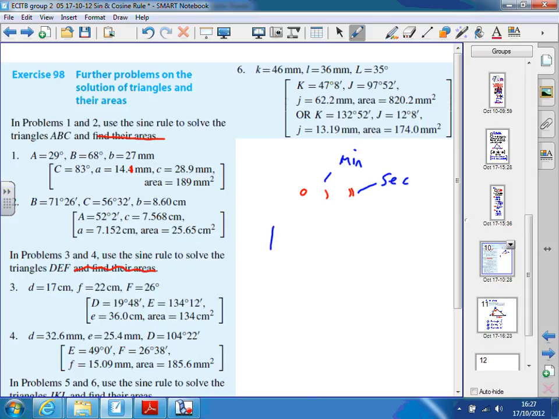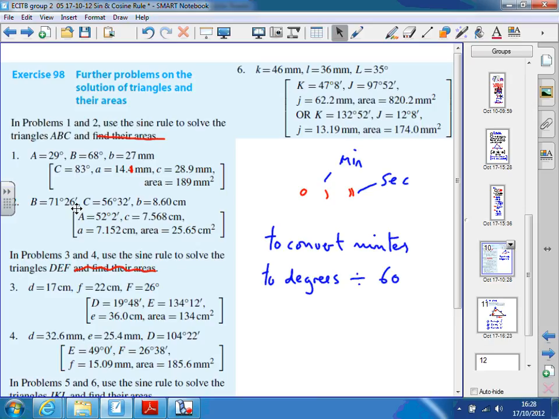So to convert minutes, which is generally what we do, we don't often bother with the seconds, to degrees, divide by 60, because there's 60 minutes in a degree, and that will give it to you as a decimal fraction. But the calculator button allows you to put it in directly.